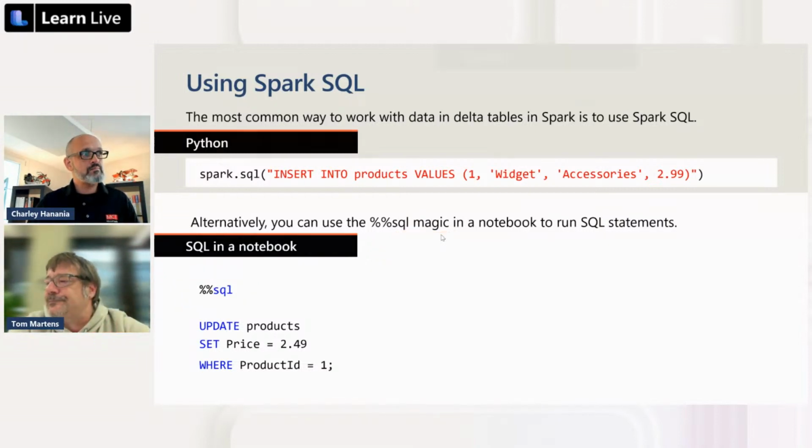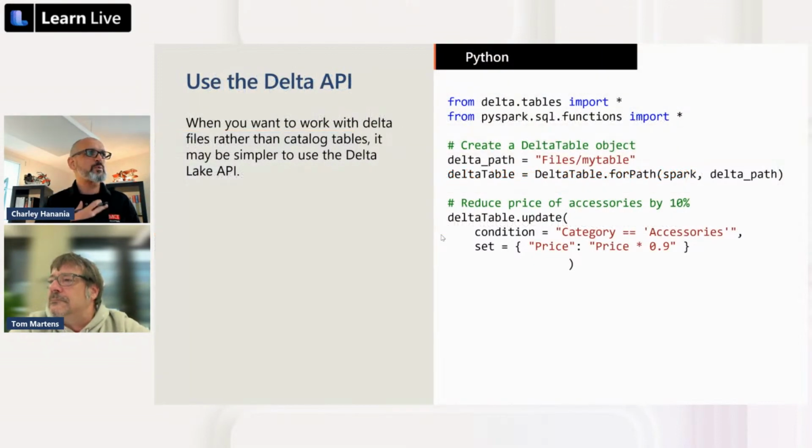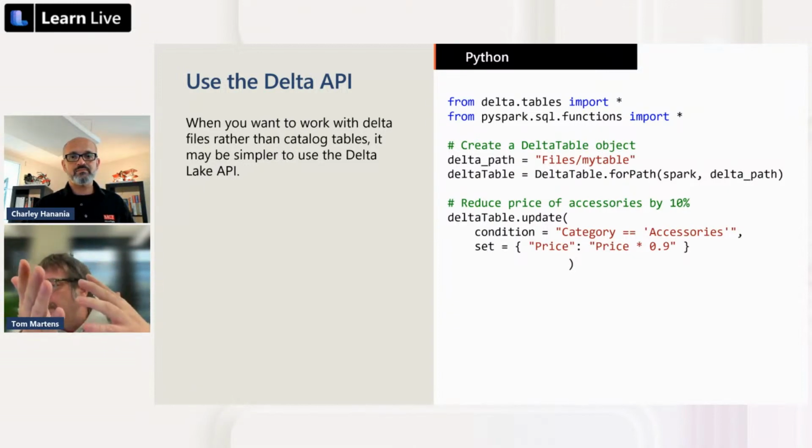Great. Okay, so then the differences between that and the Delta API, I guess. Here I'm more or less doing updates using the Delta API. Once again, I'm using PySpark. So you can decide what you want to use. It's also about how familiar you are with SQL or how familiar you are with Python and things like that.